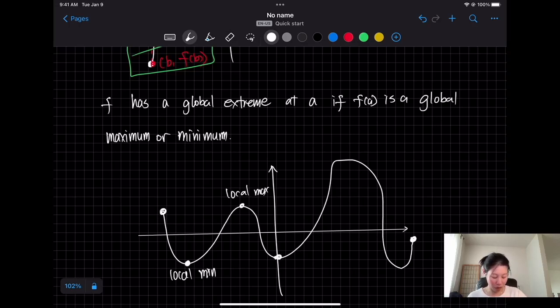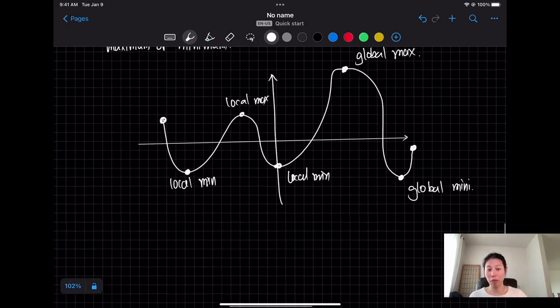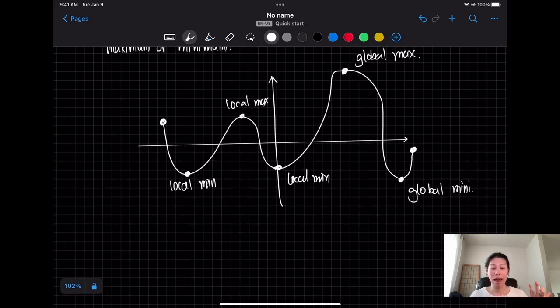This is also a local minimum, and this is a local maximum, also the global maximum. This one is the lowest point of the graph, so this point is the global minimum. As I told you before, the global minimum can be one of the minimum points, but it's not necessary. Sometimes it could be the end point.